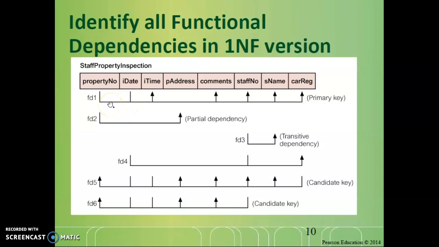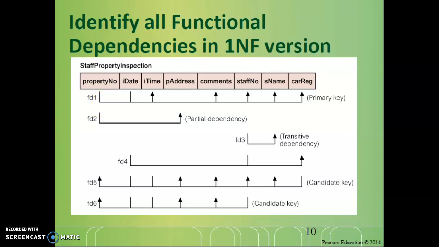How to identify functional dependencies and how to identify candidate keys all depends on the table data. If we understand the table, table attributes and table data, if you see the table clearly, then automatically you can identify several functional dependencies.